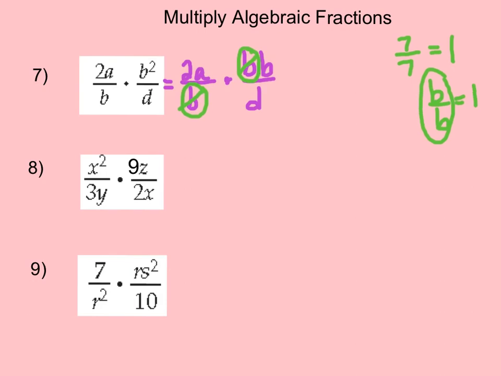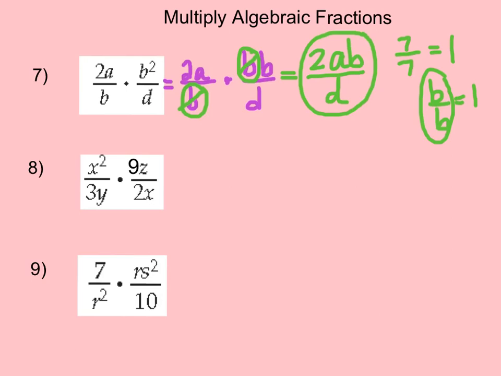Then we look in the other direction, see if there's any variables in common. There's none there. So that means we're going to just multiply the numerators and multiply the denominators. In the numerator, I have 2a times b, so that's just 2ab. In the denominator, remember we're pretending the b is not there anymore. We just have the d. So our answer is 2ab over d.